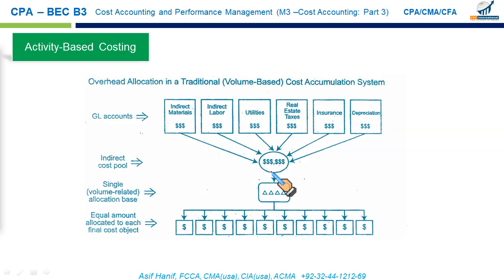What is activity-based costing? What we have done so far previously, we simply took all our overheads in manufacturing, indirect material, indirect labor, electricity, gas, water, taxes, insurance, depreciation, dumped them in a single cost pool, let's say $180,000, and we used some common allocation base, single allocation base, like direct labor hours or machine hours.